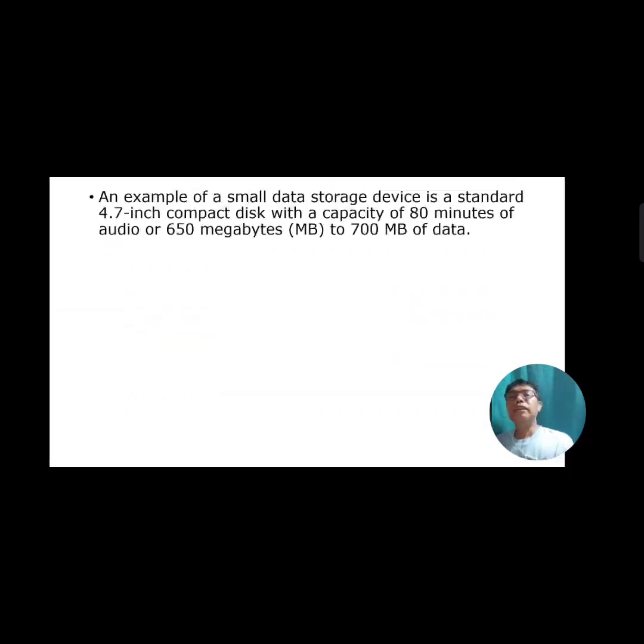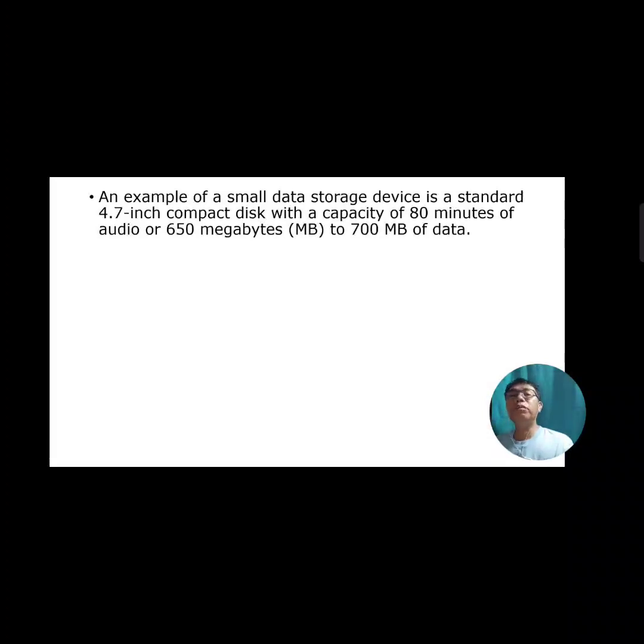Okay, this is an example of a small data storage device. It is a standard 4.7-inch compact disc, our CD, with a capacity of 80 minutes of audio and 650 megabytes to 700 megabytes of data.